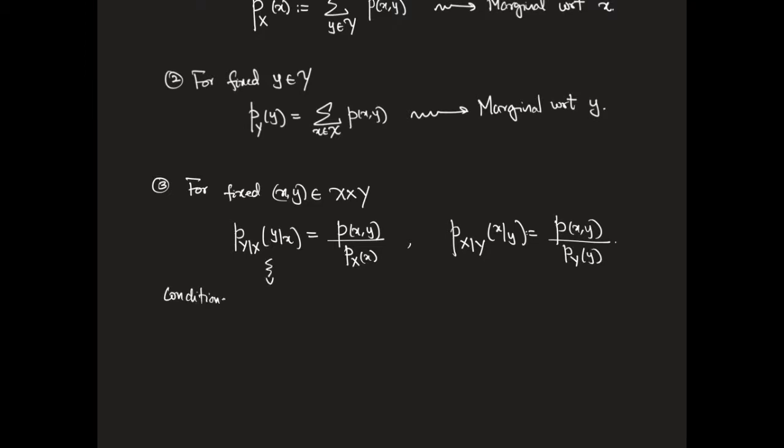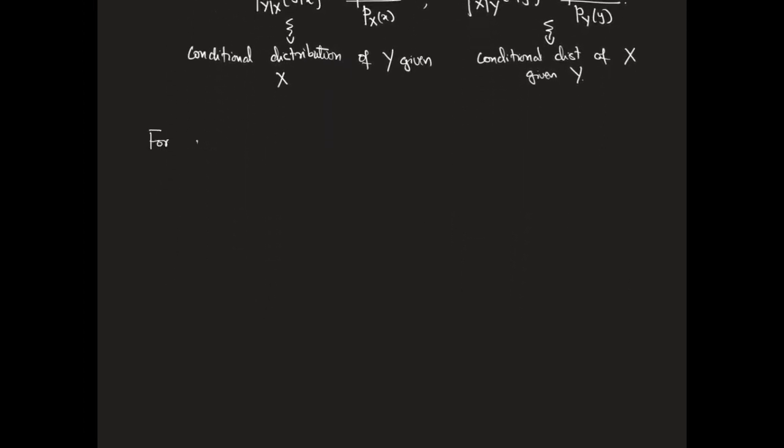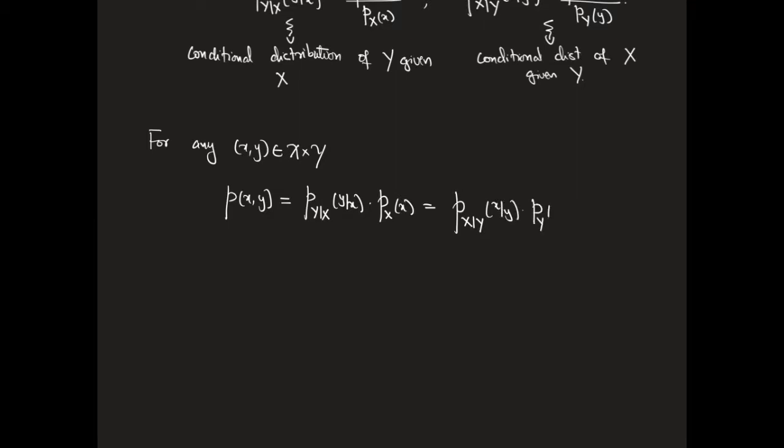These are exactly the conditional distribution of y given x and the conditional distribution of x given y. We are now led to a very important formula which relates the joint probability distributions with the conditional distribution and the marginal distributions. This formula plays a very important role in probability.